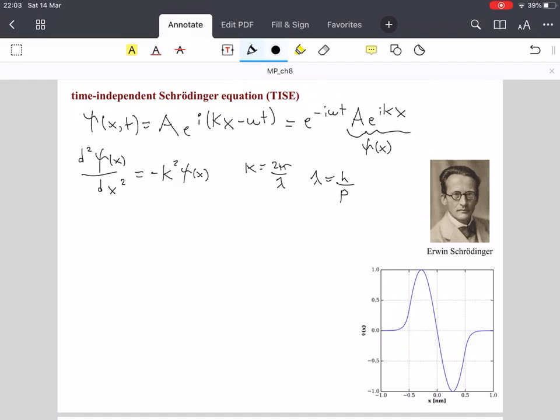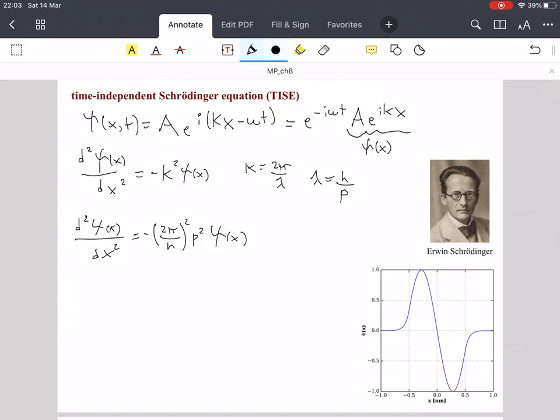Okay? So what we can do is substitute that in, and we get, so we square that, so that's 2 pi over h squared times p squared times psi.